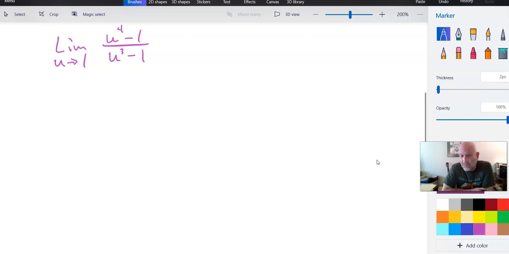First off, we can see there are problems, but we're in luck, because if I plug 1 in here, I end up with 1 minus 1 over 1 minus 1, which is 0 over 0. That means we stand a chance of removing this discontinuity.